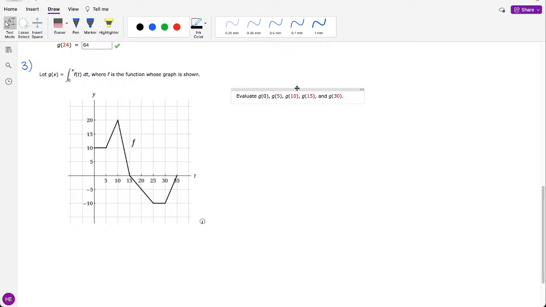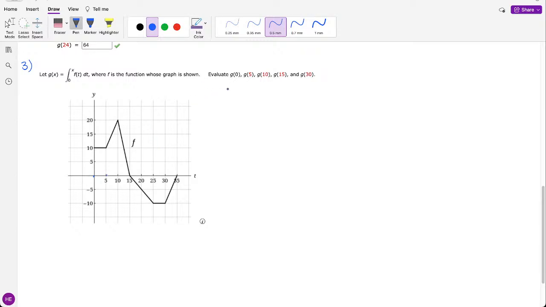And then we'll probably move that just like right there. Just to make it equal. Okay, so g of 0 is going to be here. And then you've got g of 5, 10, 15, and then all the way to 30.